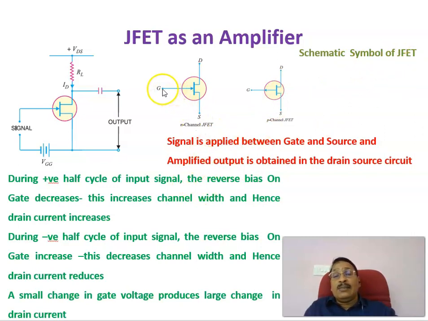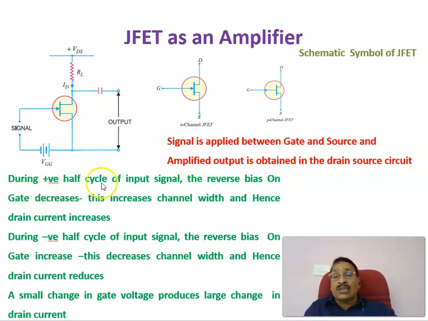Normally the signal to be amplified is applied between gate and source. Like in the case of a common emitter bipolar junction transistor, where you apply the signal between base and emitter, here the voltage signal to be amplified is applied between gate and source, and the amplified output is obtained between drain and source.